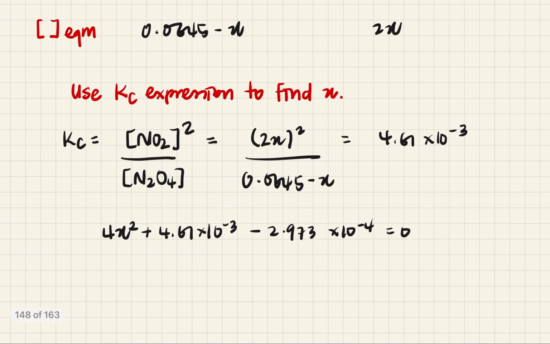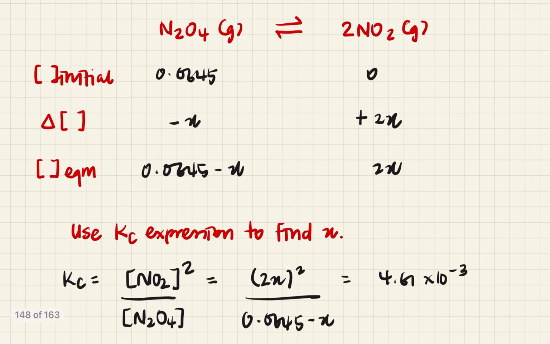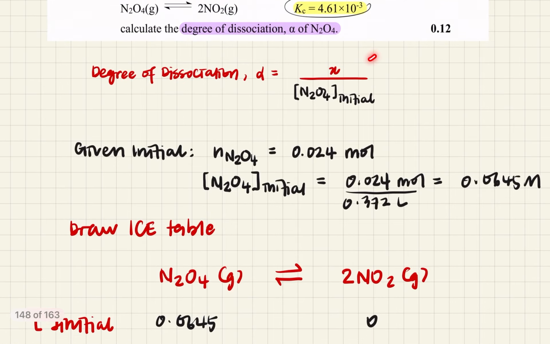So find your x. You will get two values, one positive and one negative. In this case, you will take the positive value.